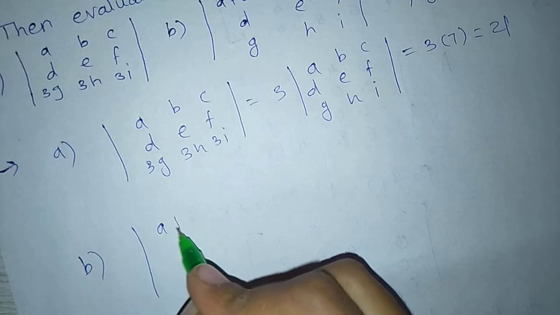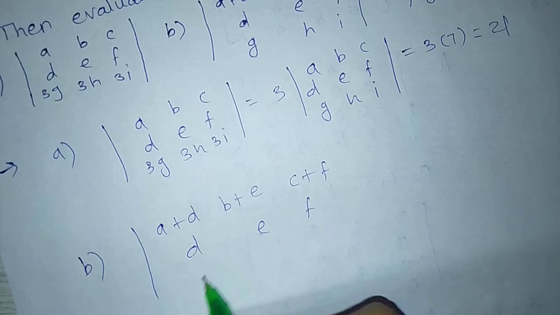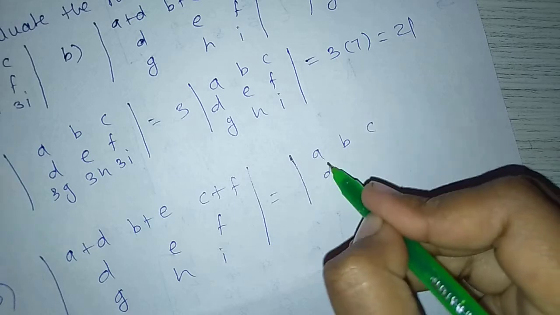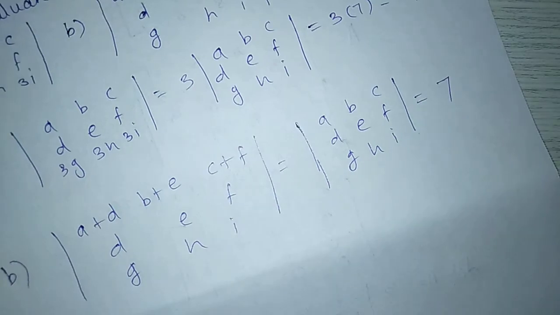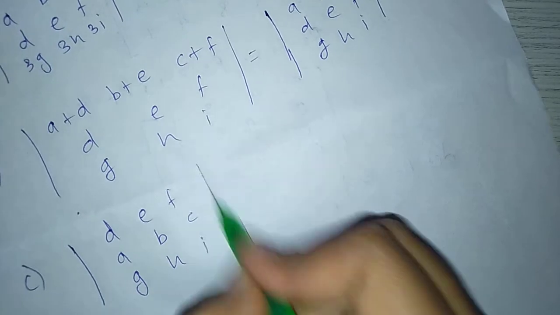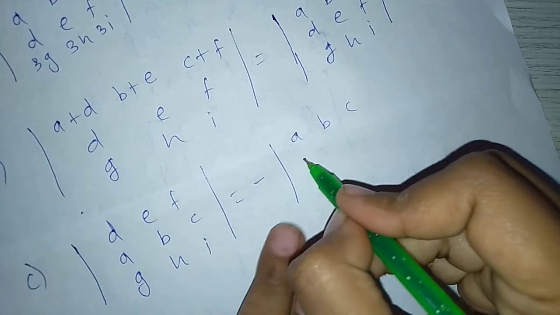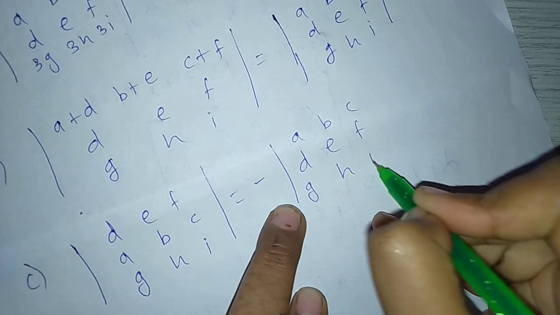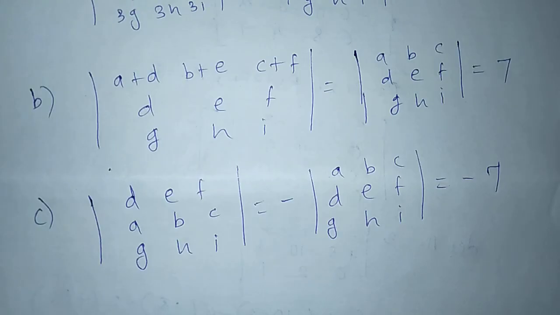Next, determinant of a plus d, b plus e, c plus f, d e f, g h i equal to determinant of a b c, d e f, g h i equal to 7. Next, determinant of D E F, A B C, G H I equal to minus determinant of A B C, D E F, G H I equal to minus 7. Here we stop.